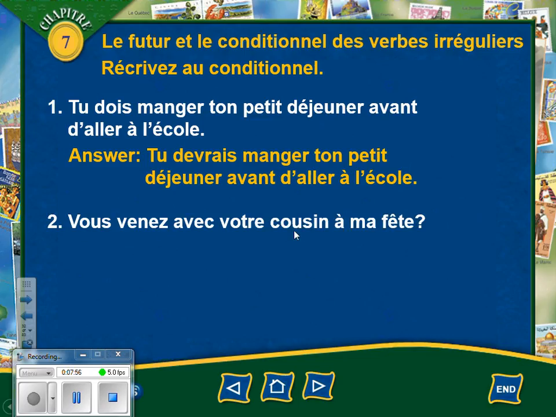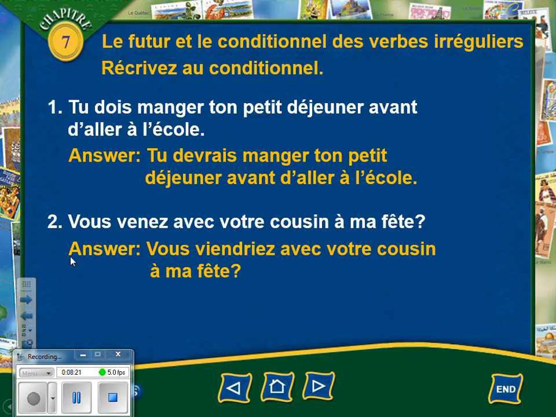Vous venez avec votre cousin à ma fête? You are coming with your cousin to my party? What verb is this? Do you recognize it in the present tense? This is venir. So you want to take the irregular stem, which is V-I-E-N-D-R, and put your imperfect ending, conditional ending for vous, which is I-E-Z.